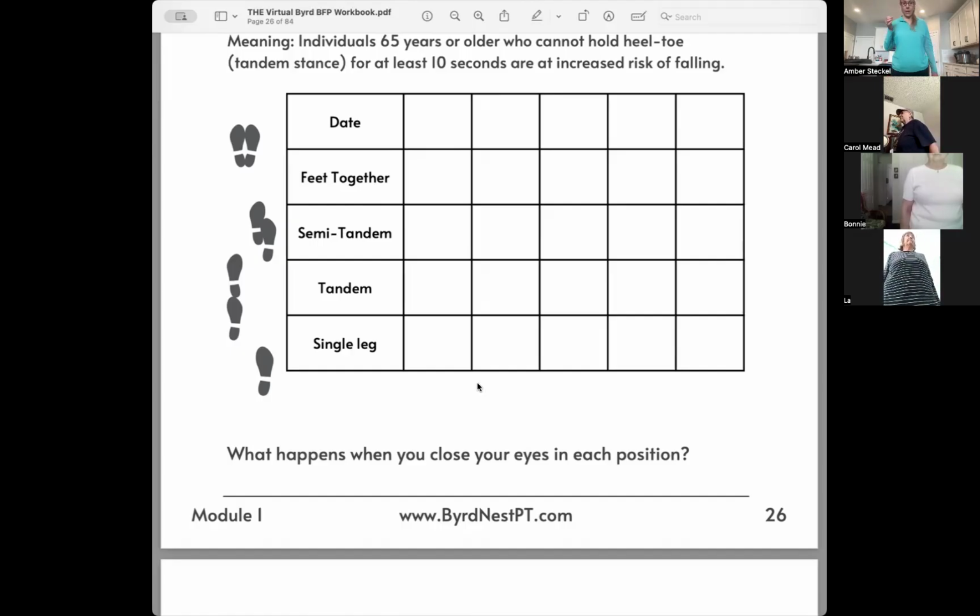Okay, second position is going to be take your feet and slide one of them forward so that your big toe is in the arch of your foot. So we're approaching the tightrope position, but not quite.